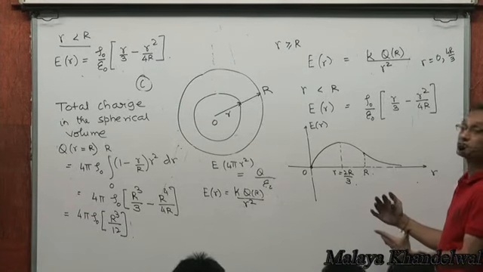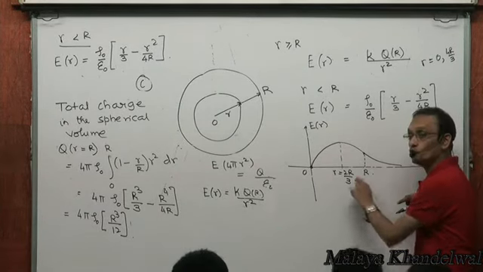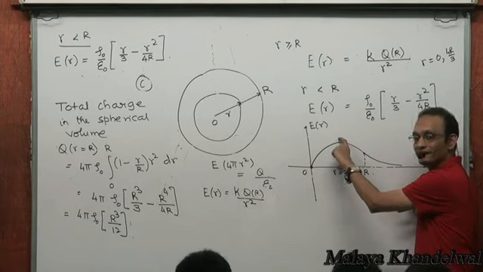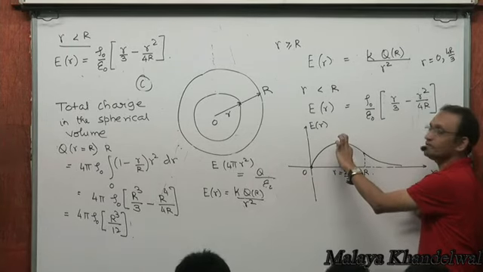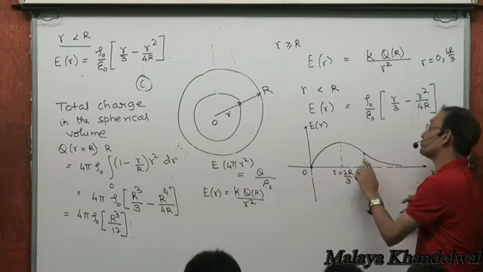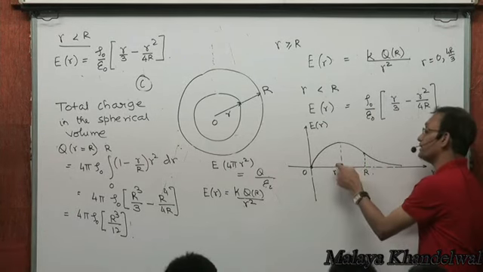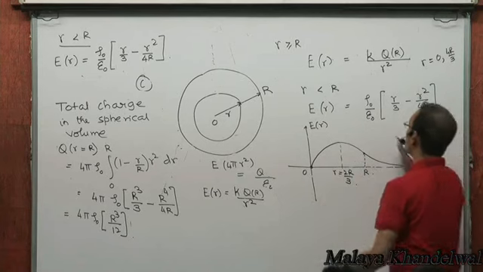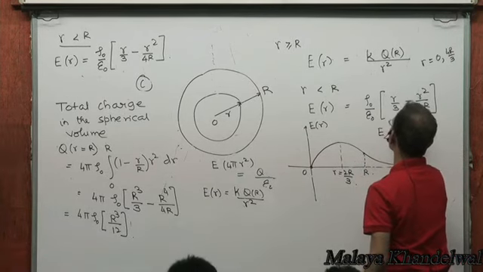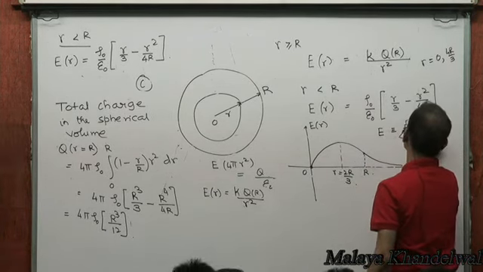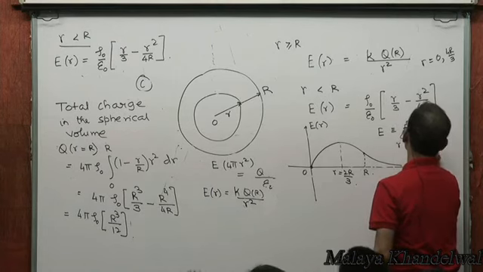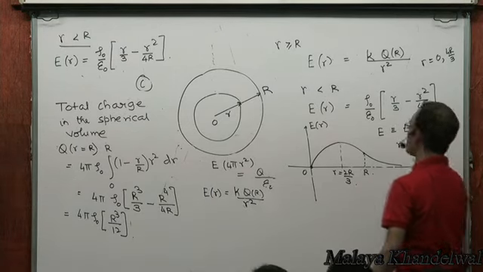So where is it a maximum? It's maximum at r equal to 2R by 3, which is halfway between the roots of this parabola. So E would be E max at r equal to 2R by 3.